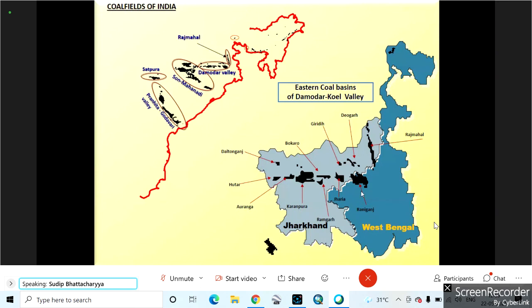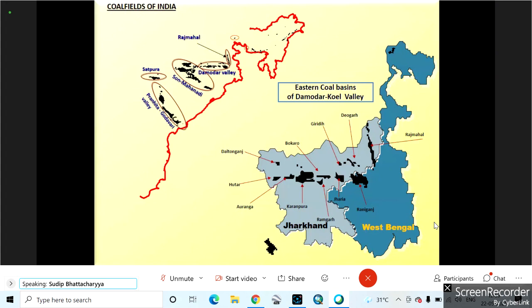What is the possible cause? Here we are getting an abnormal geothermal gradient. The normal geothermal gradient is 3 to 3.5, but we are getting a high geothermal gradient over the Eastern Gondwana coal fields, near Jharia, Raniganj, East Bokaro, West Bokaro, and Karanpura, of about 5 to 5.6. This abnormal geothermal gradient has given rise to abnormal thermal maturity of the coal and shale, as I discussed earlier.